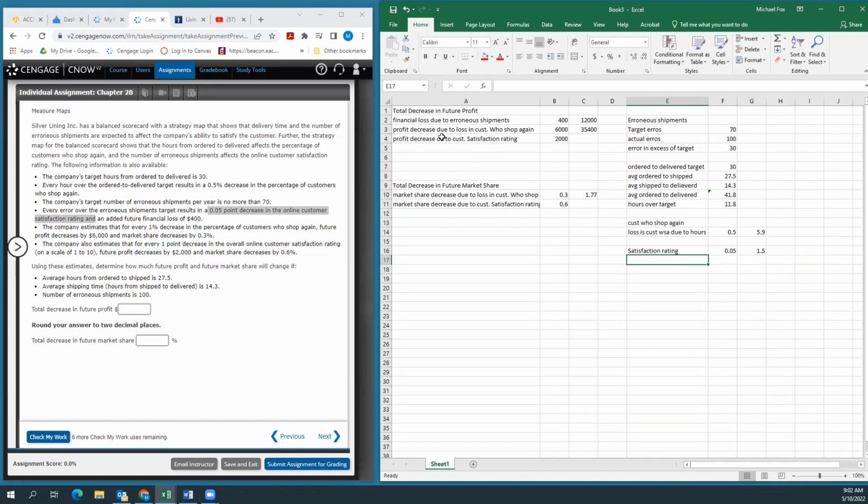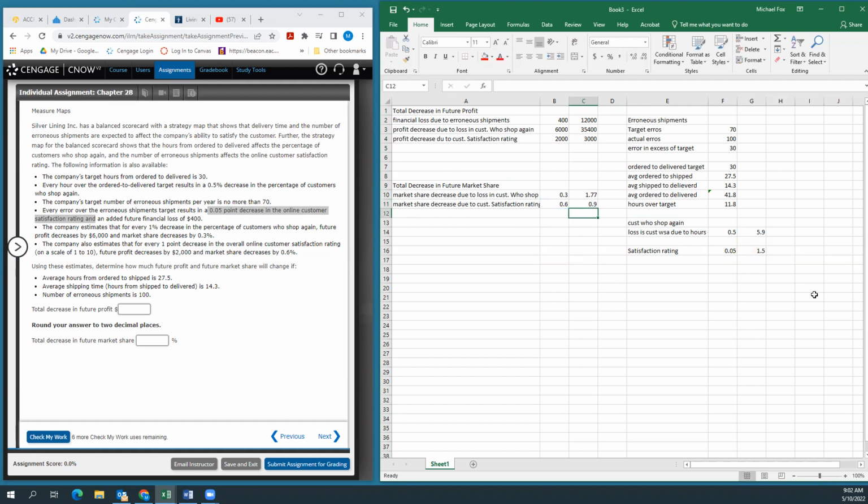And since we know our profit decreases $2,000 for each point decrease, and market share decreases 0.6% for every point of satisfaction rating, so it's times 1.5.